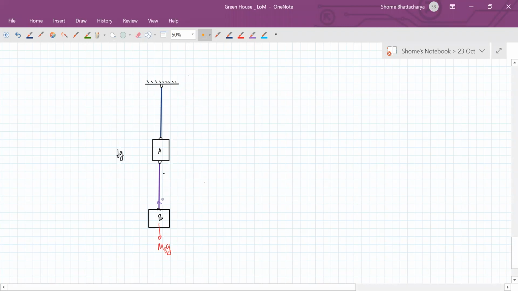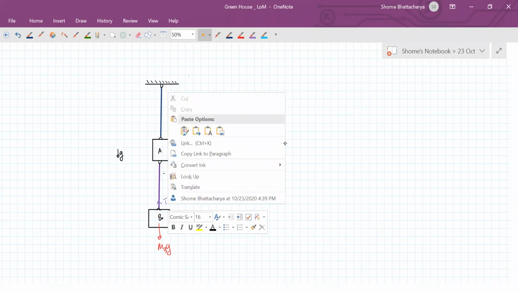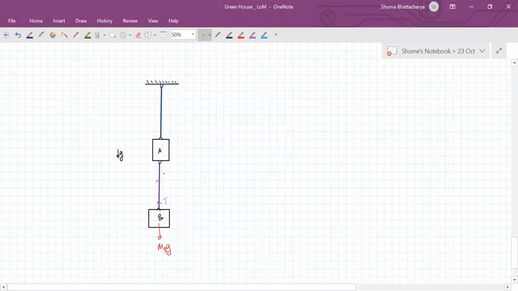So this string develops tension TQ, which acts vertically upward on this block, but also pulls down A like this. And then A has its own weight, not to forget. So the earth is pulling down A, plus this string from below is also pulling down. So that increases the tension even more in this one. The tension in this string becomes even more because of that.